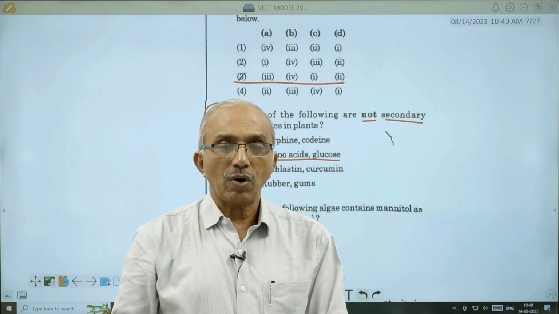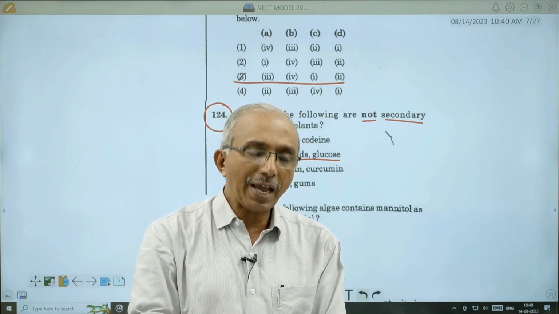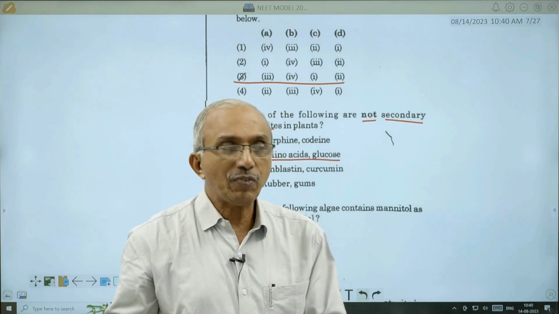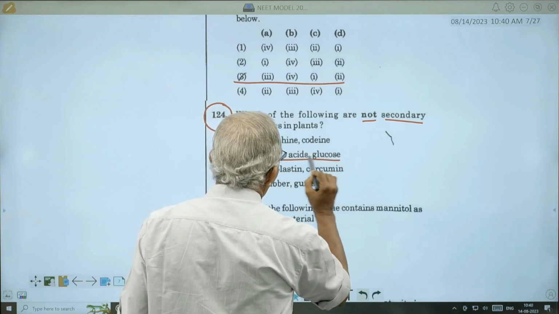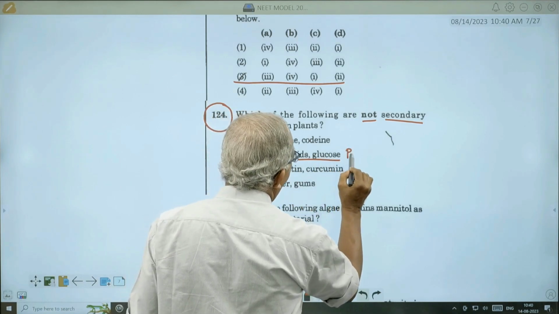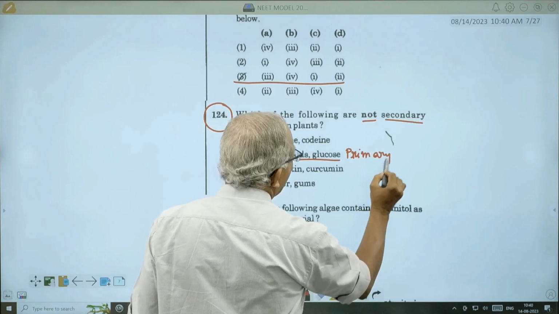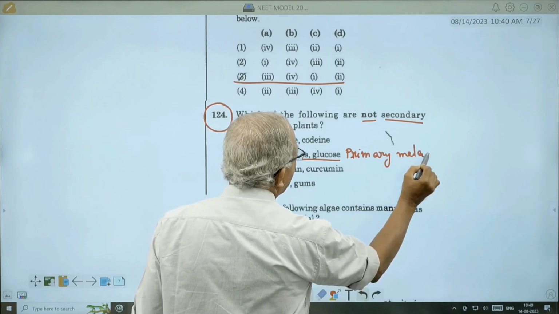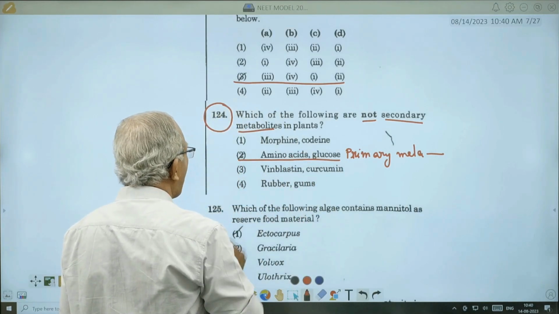Primary metabolites, on the other hand, have a role in the physiology of the plant. Amino acids and glucose are primary metabolites. Others are secondary metabolites.